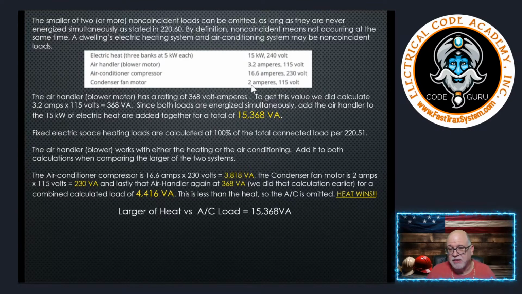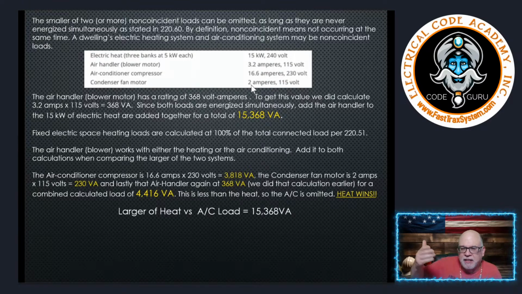Now, what does it say in the 2020 and the 2023 when it comes to looking at this non-coincident load? Now, we really don't have to do this on our calculation, but you may have to. So listen up. Listen how we do this. 220.60 is going to say, you know what?